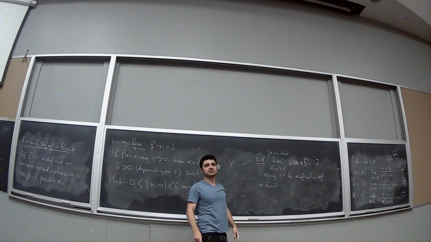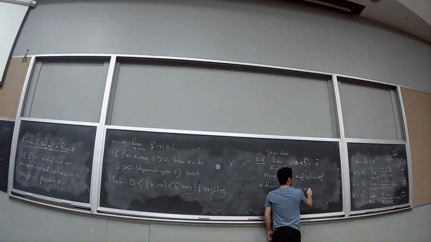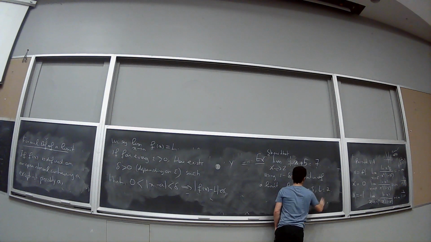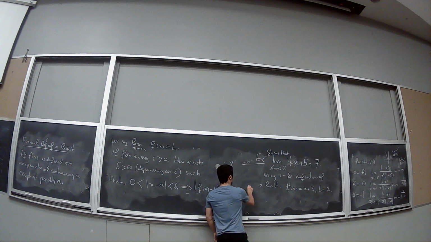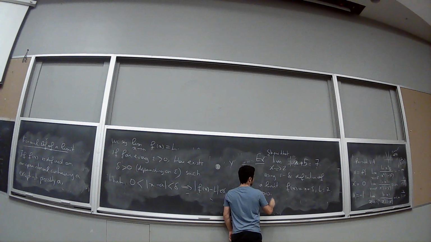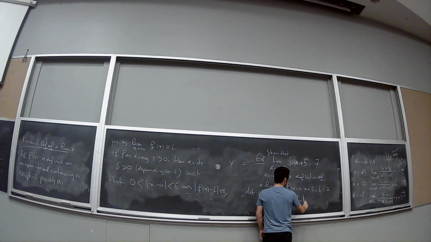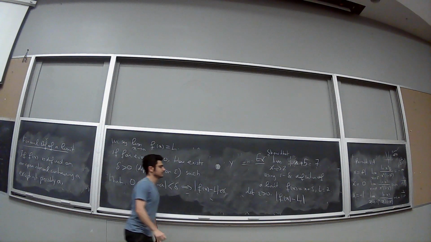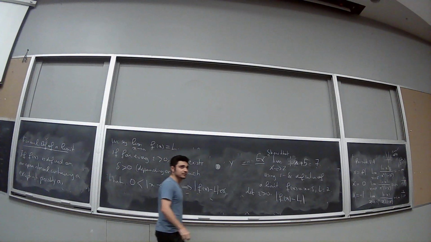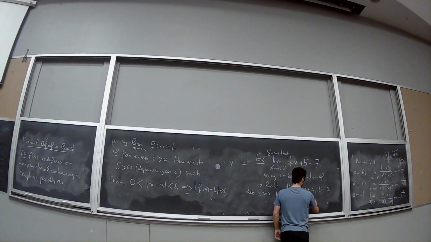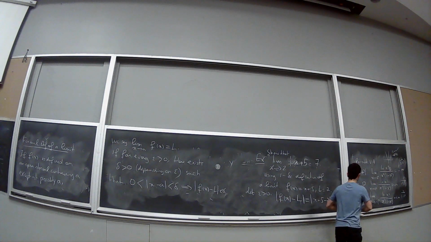And what is my f of x? x plus 5, right? And a is equal to 2. Great. Now, let epsilon be positive. What is the absolute value of f of x minus L? It's x plus 5 minus 7, right? In absolute value, it's x plus 5 minus 7, which is x minus 2.